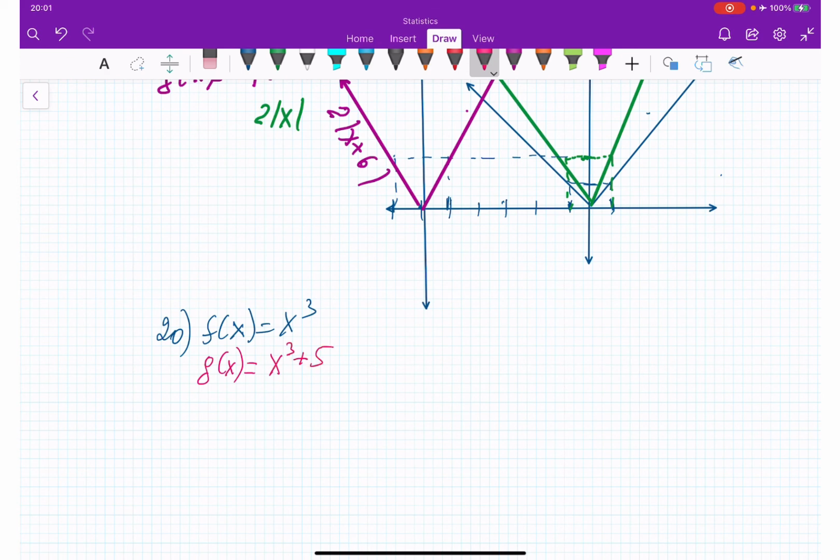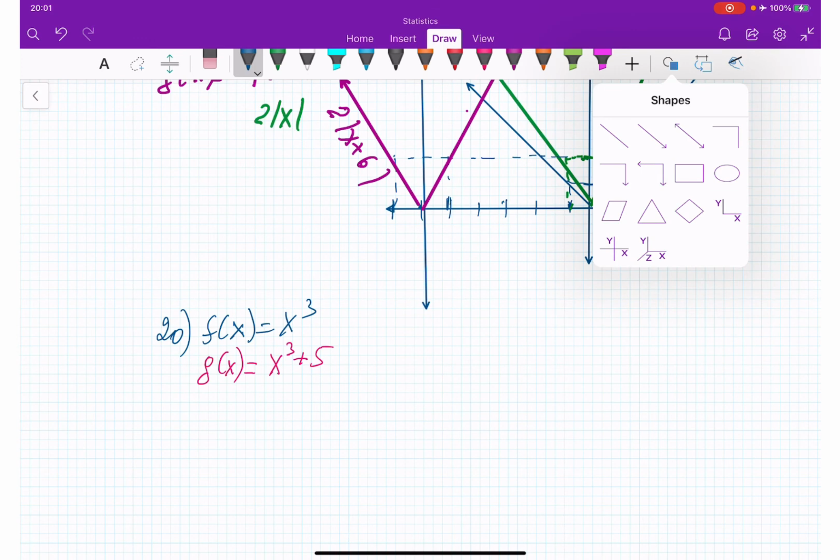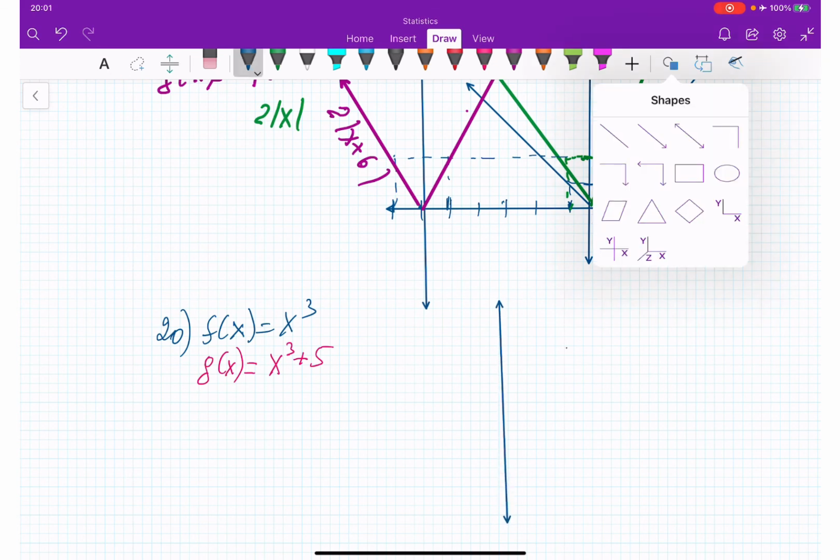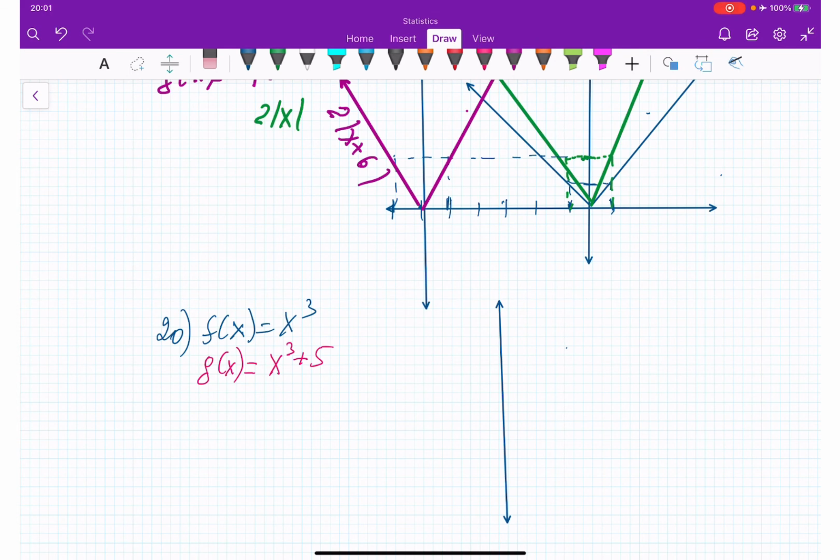Okay, let's build x cubed. So let's get several points. When x is equal to 1, y is equal to 1 cubed, which is 1.